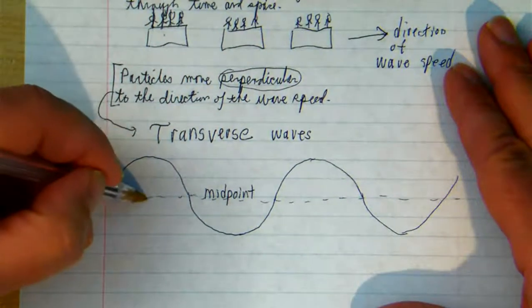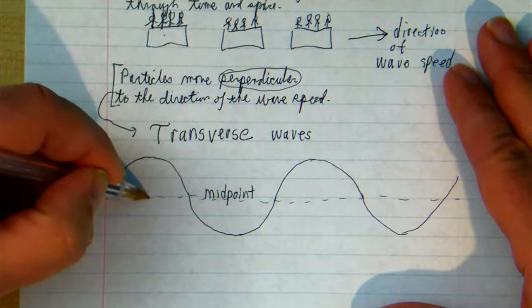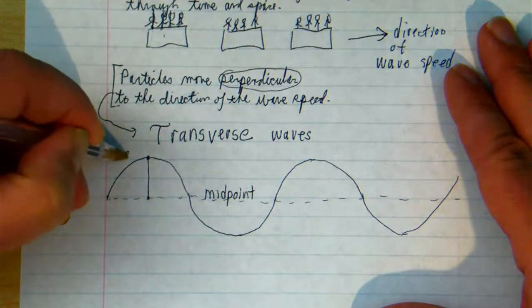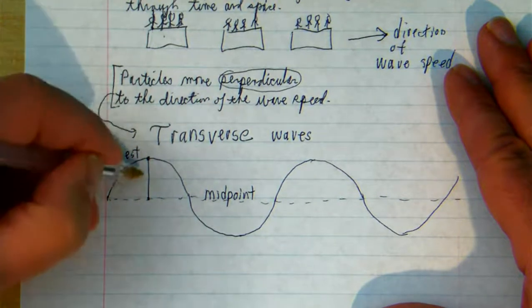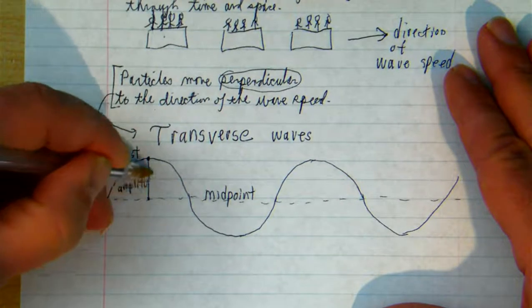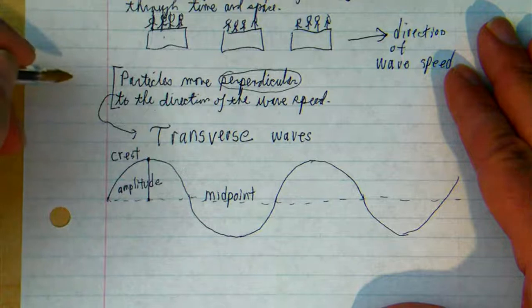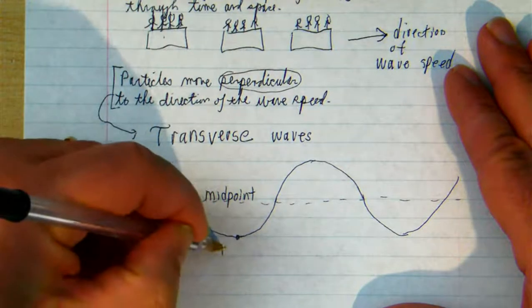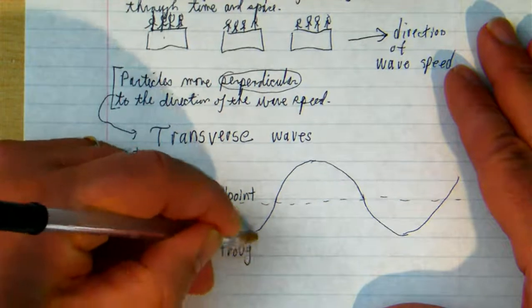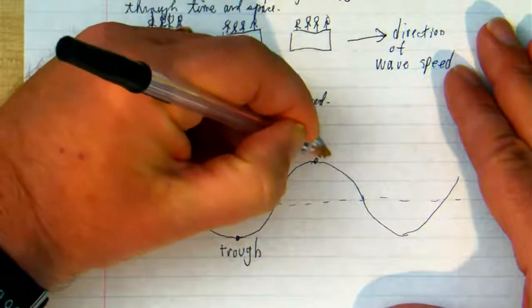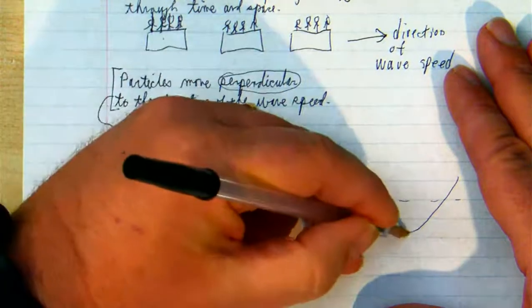The distance, for a mechanical wave, from the midpoint to the top of the wave, which has its own name, the crest of the wave, is called the amplitude of the wave. The bottom point here is called the trough of a wave. Here's another crest, another trough.